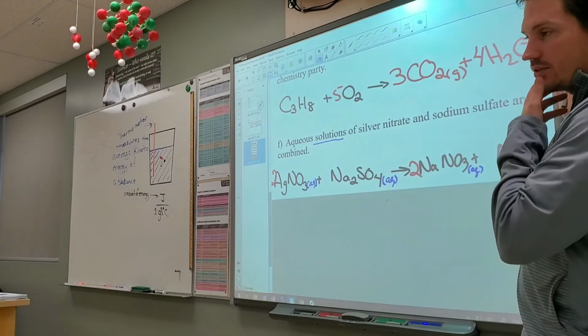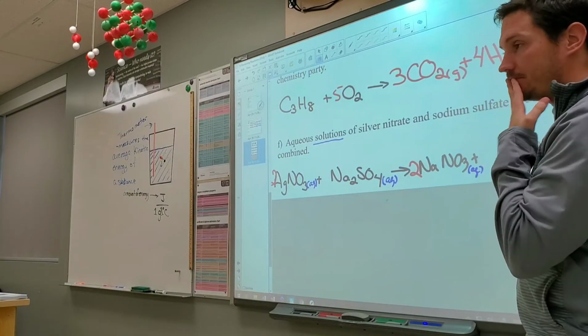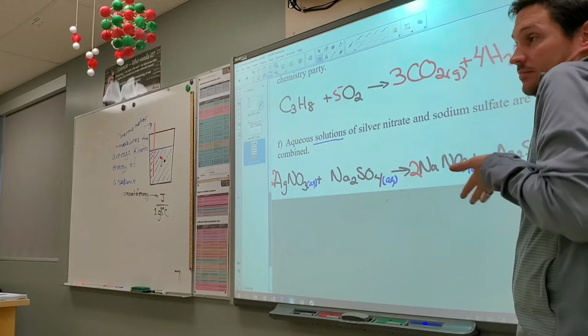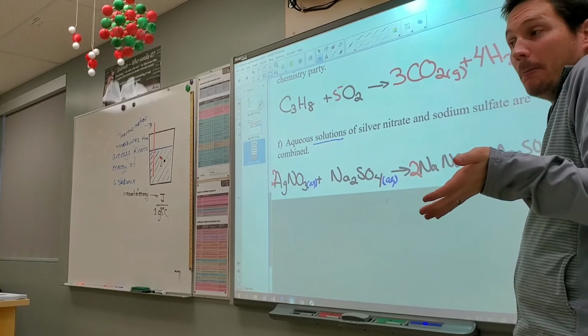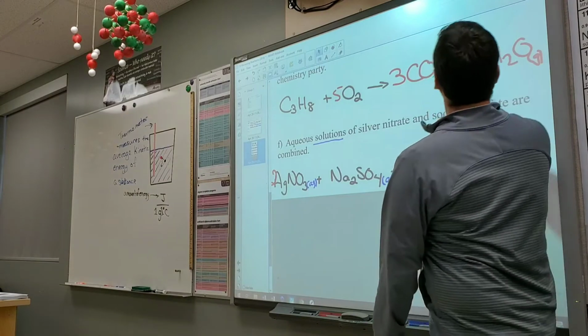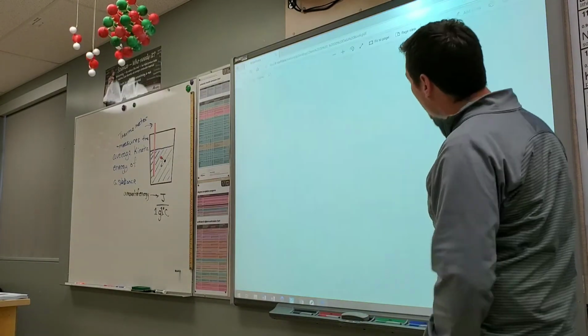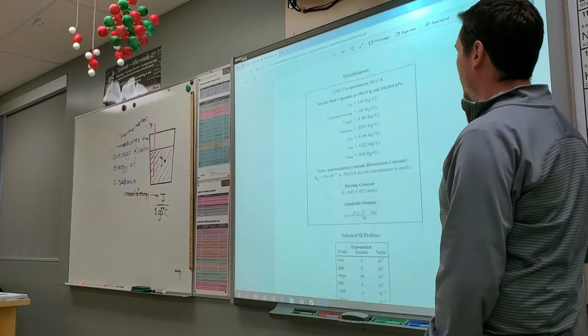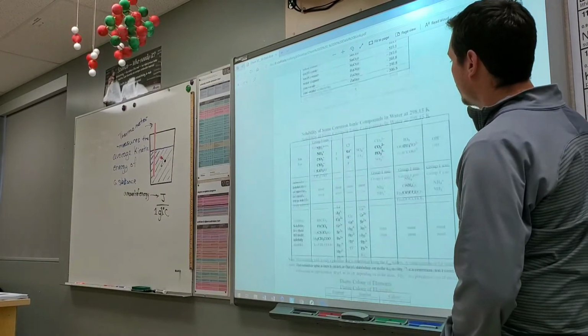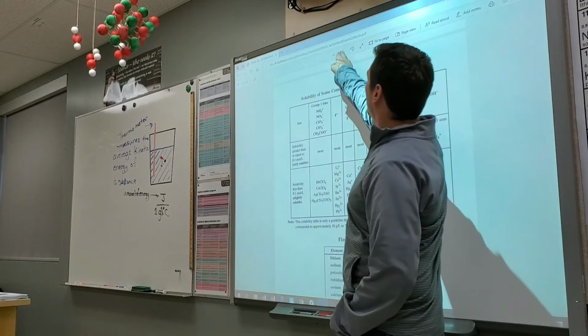Silver sulfate, is silver sulfate soluble? Solid. How could we check? Data. Let's check the data. So I'm going to pull up my Chem 20 data booklet, and I'm going to look on page 6. Here we go.